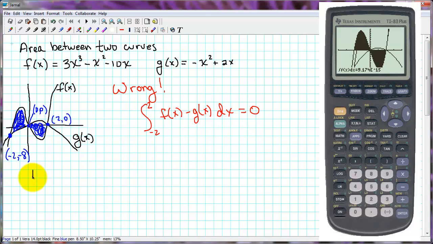In your textbook, it's going to talk about breaking this up into two different area problems based on where these intersections are.